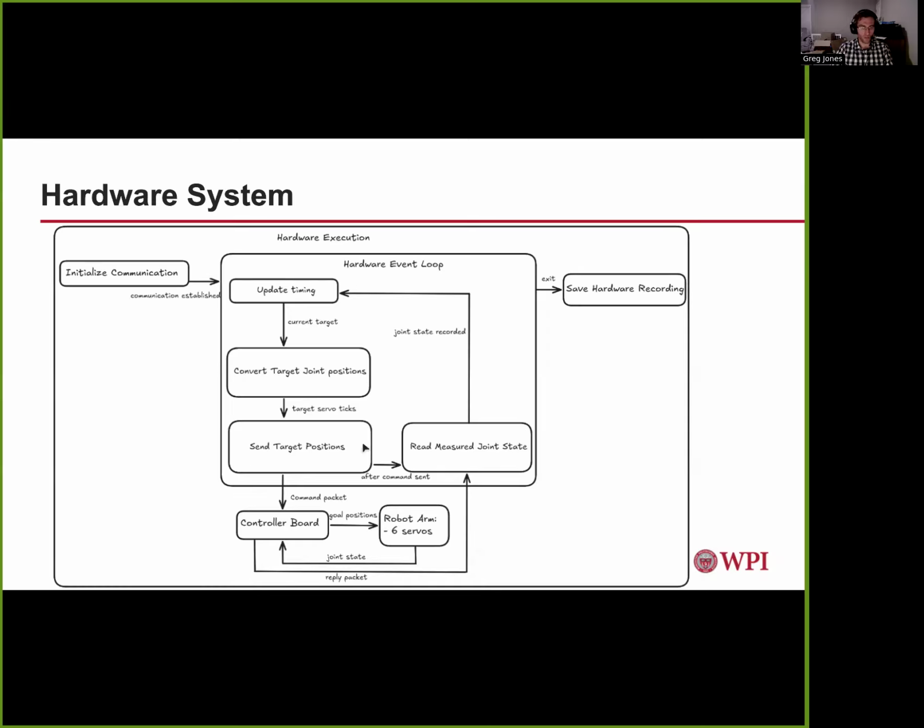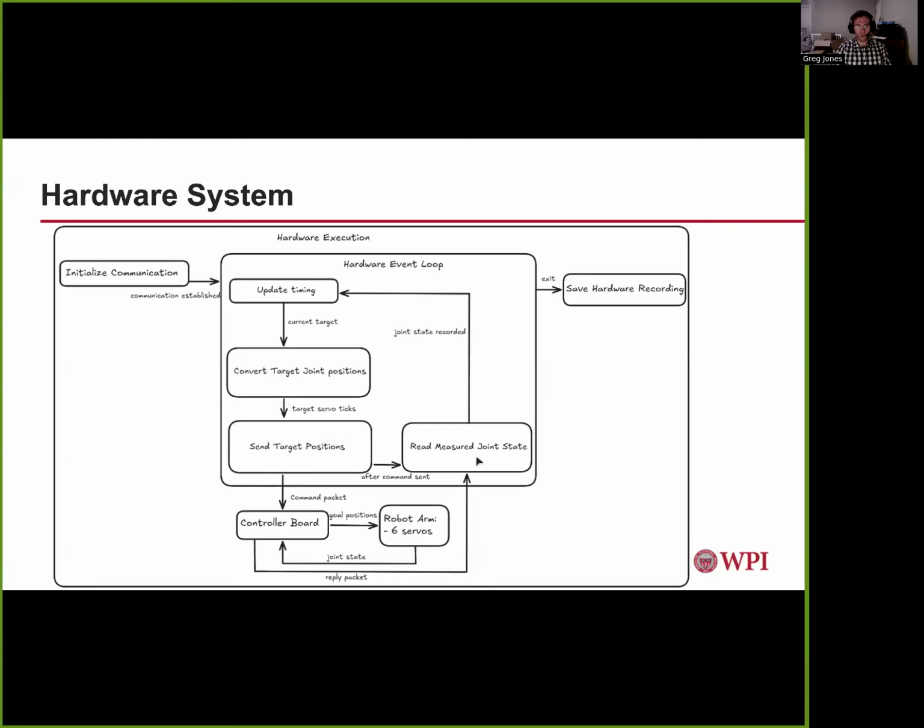That code fills the messages with the target positions and then sends them to the control board, using low-level Linux system calls, with sockets and writing and reading commands.